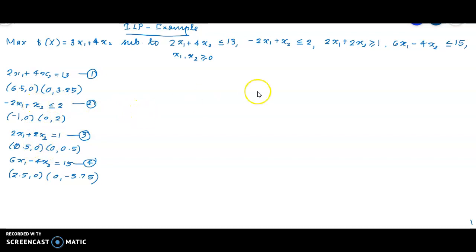Then we are going to plot the graph of the lines like this. X-axis, y-axis, then 6.5, 1, 2, 3, 4, 5, 6, and 3.25. This is equation number 1.